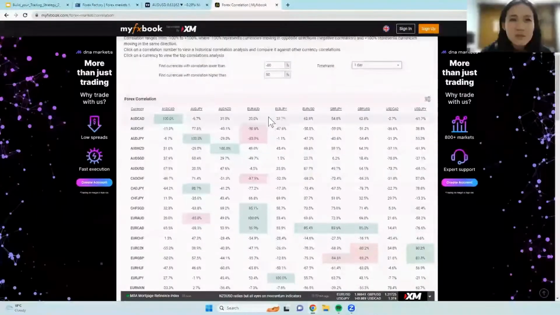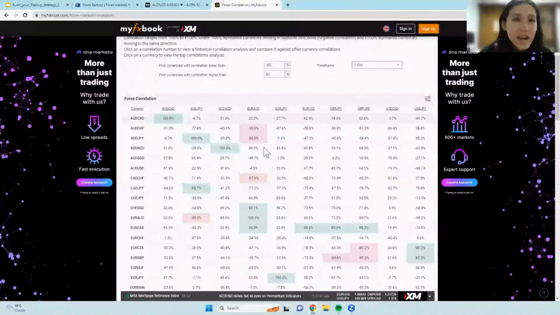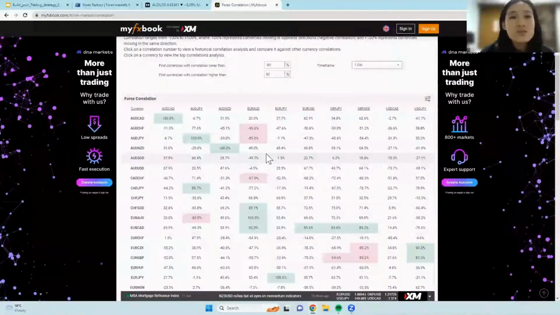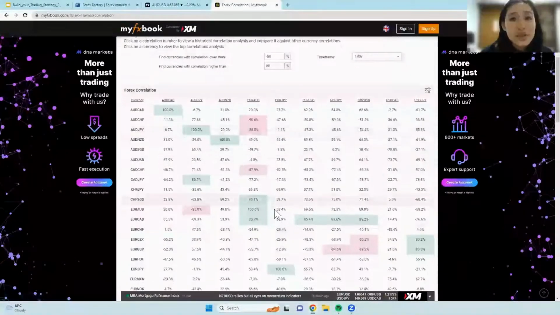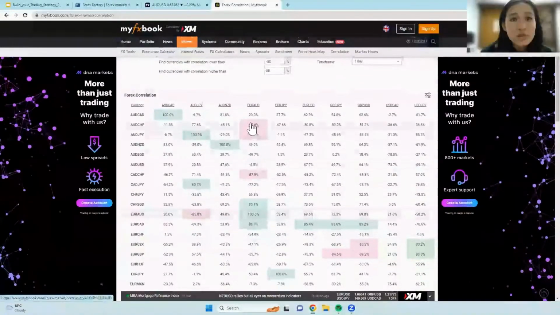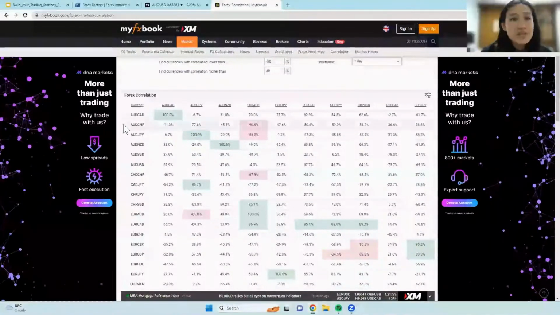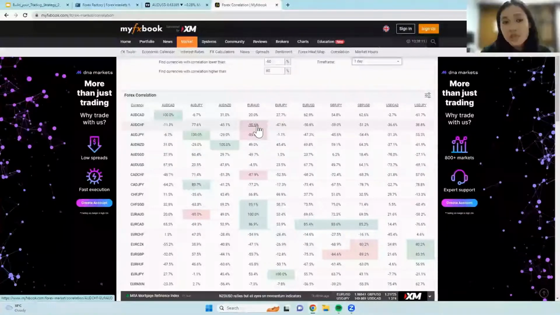But yeah, so it highlights those that are really strongly negatively correlated or positively correlated so that you can check them on your charts. So if you can see one that is really strong, maybe like this 90%, the Euro AUD as well as the AUD franc are pretty strongly negatively correlated.